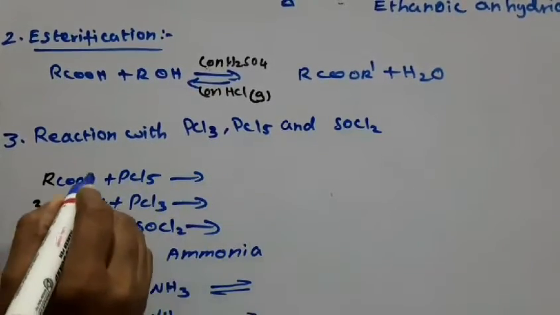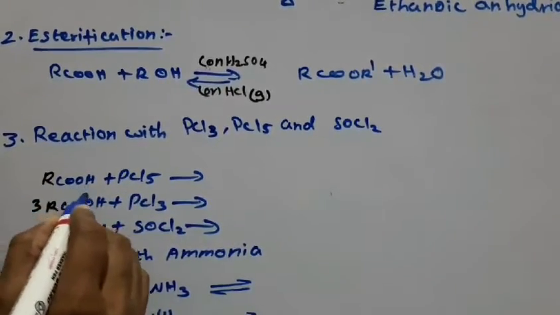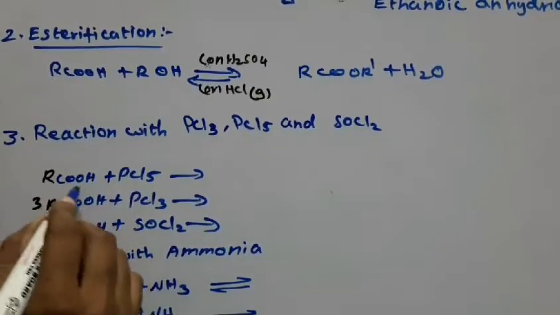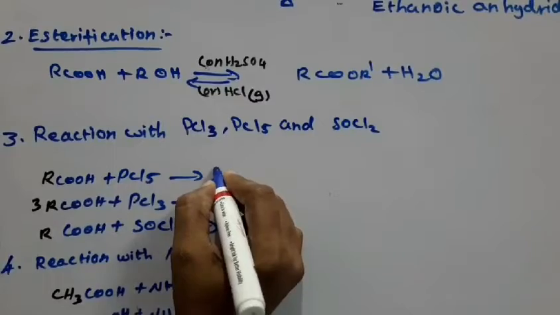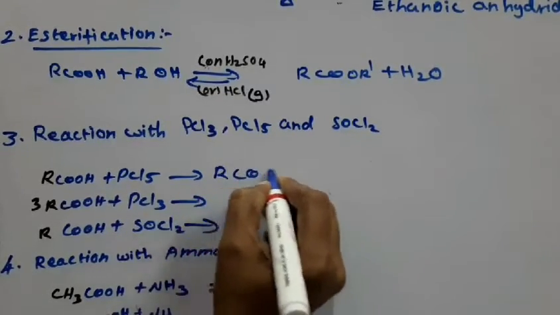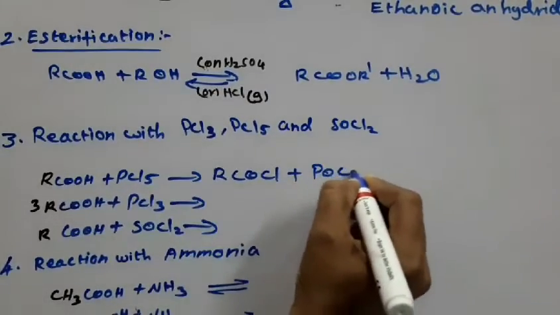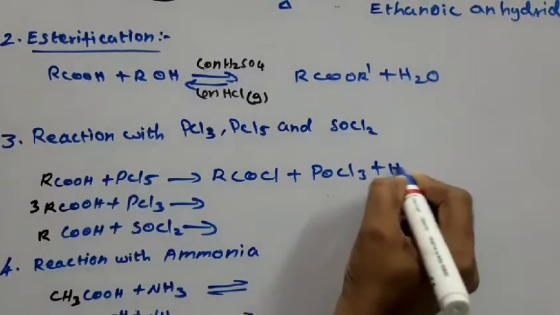So here also the hydroxyl group behaves like alcohol to react with phosphorus pentachloride to form acid chloride plus phosphoryl chloride, POCl3, plus HCl.